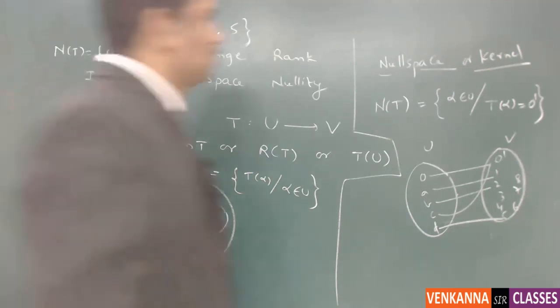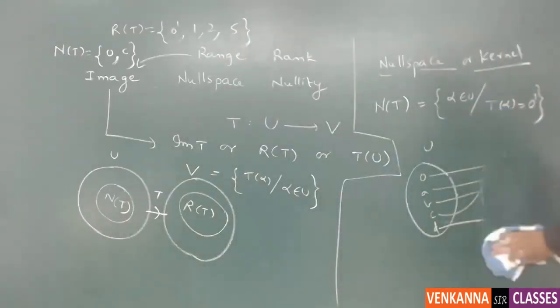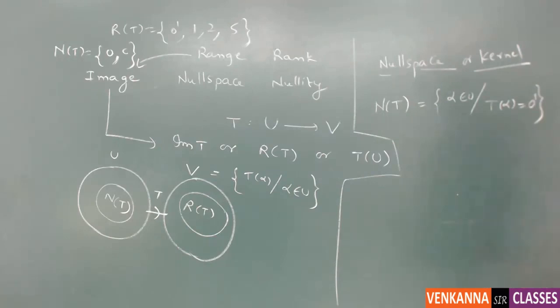Now let us prove that N of T is a subspace in the domain. If you want to prove that a set is a subspace, it must satisfy the necessary and sufficient condition.